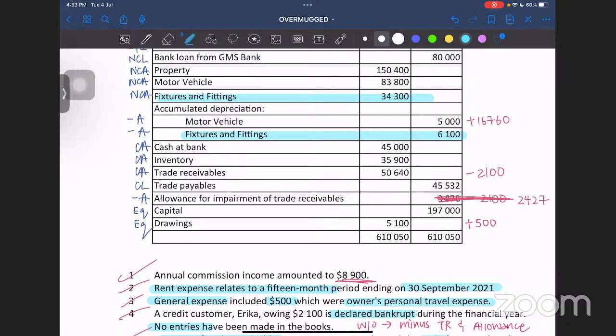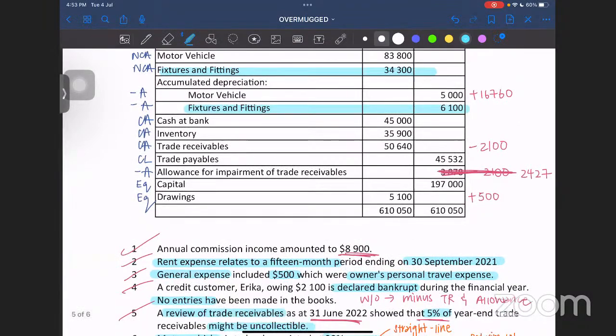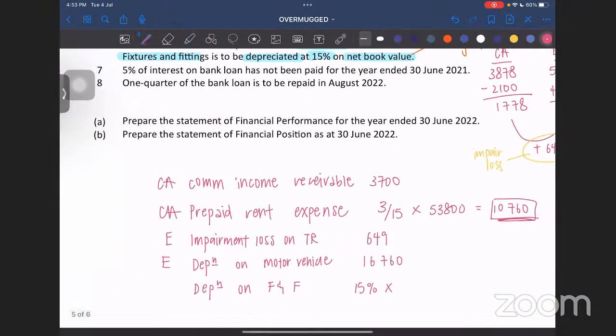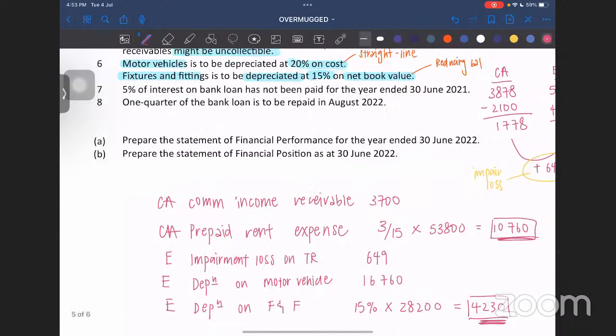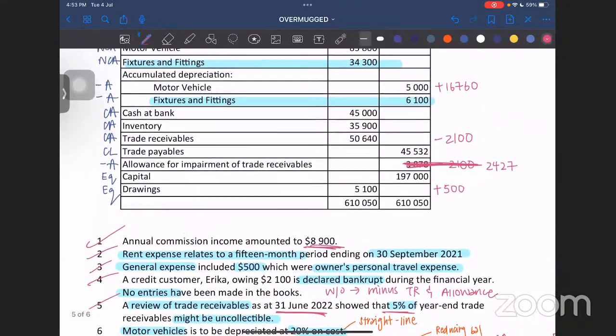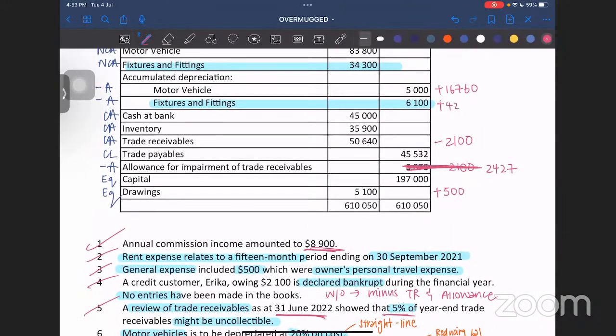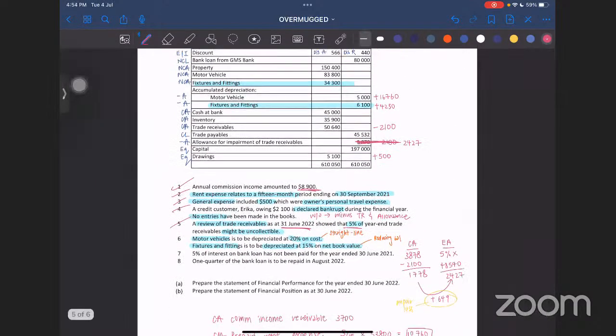So you punch in the number, you should have 28,200. That will be your net book value. Cost minus accumulated depreciation, like that. And you should get 4,230. So this will be your depreciation on fixtures and fittings, which is an expense. And I'll come back here to accumulated depreciation again and add 4,230. Add on the depreciation to the accumulated depreciation. Okay, simple.